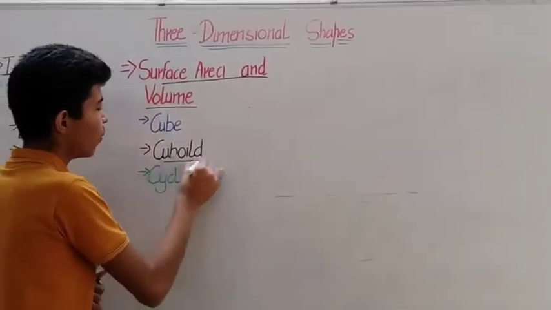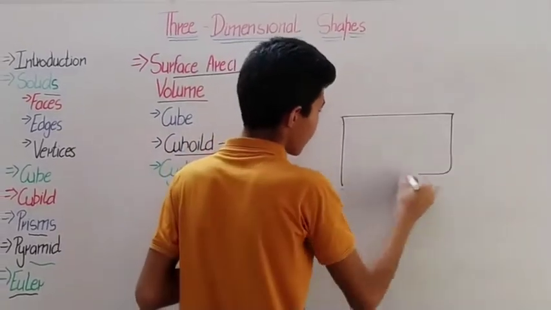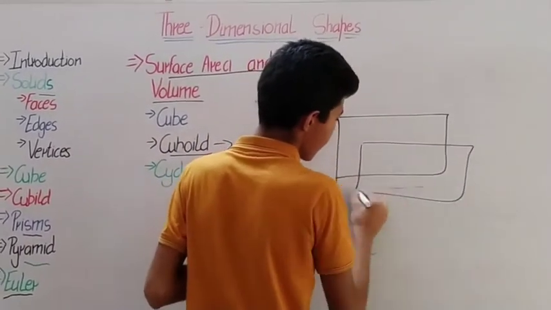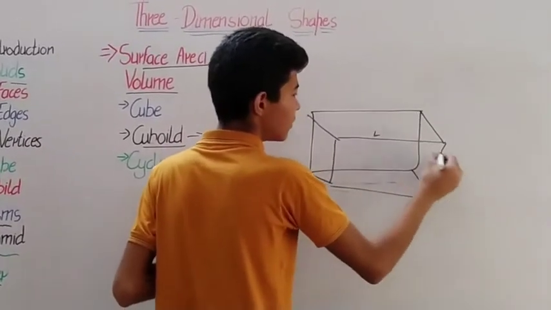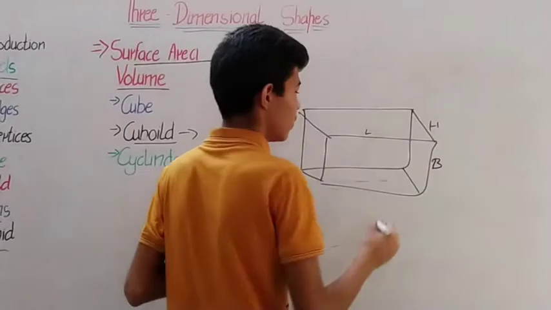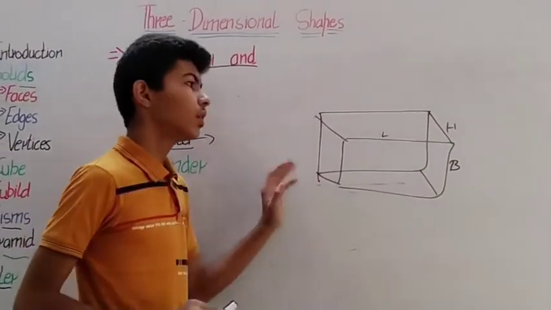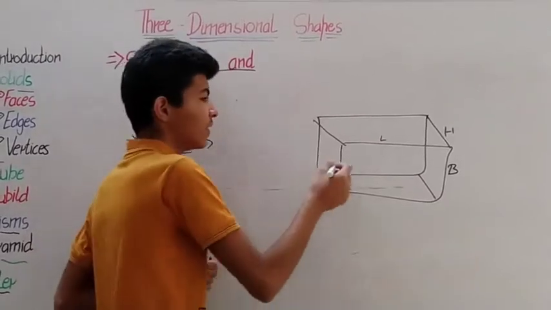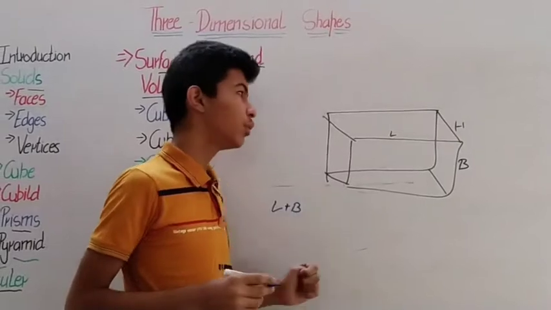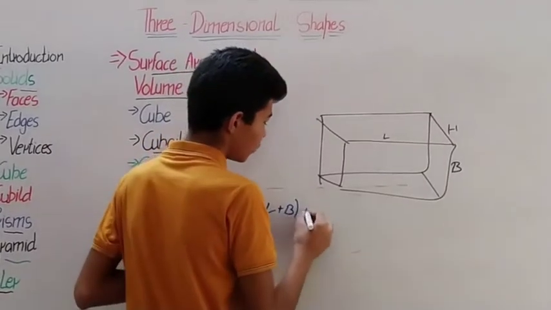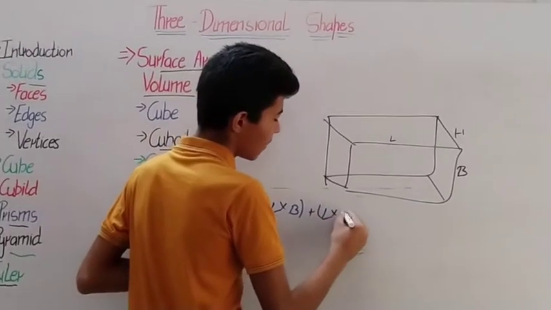Now let's move to the cuboid. For a cuboid, we have length, breadth, and height. For the total surface area, the front side would be L multiplied by B, and the back side would be congruent.